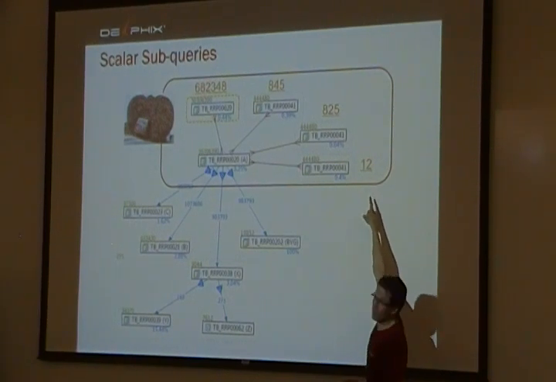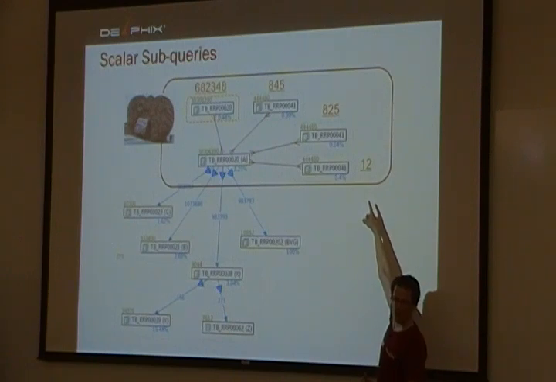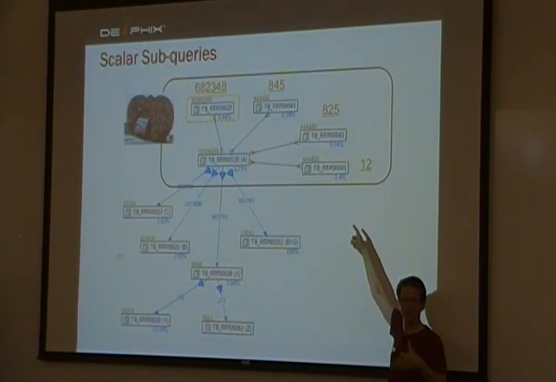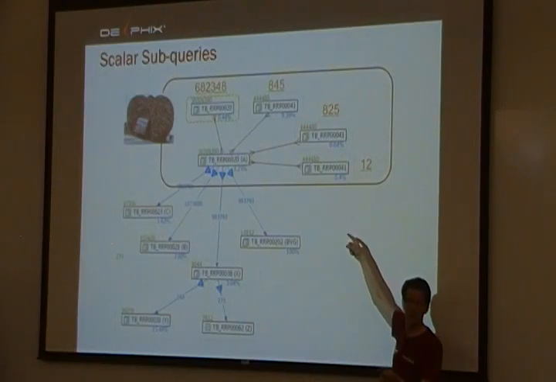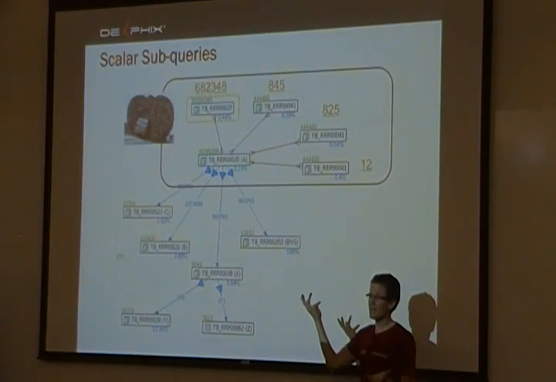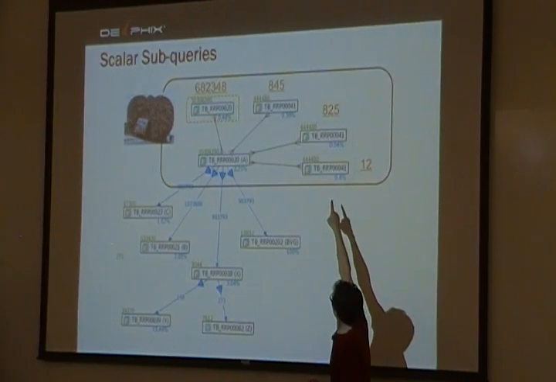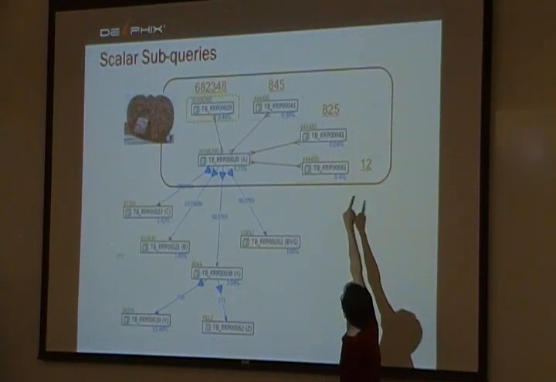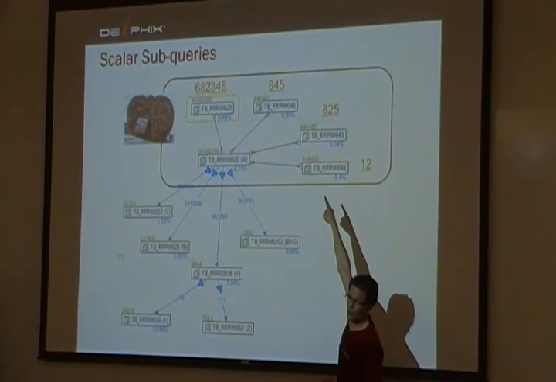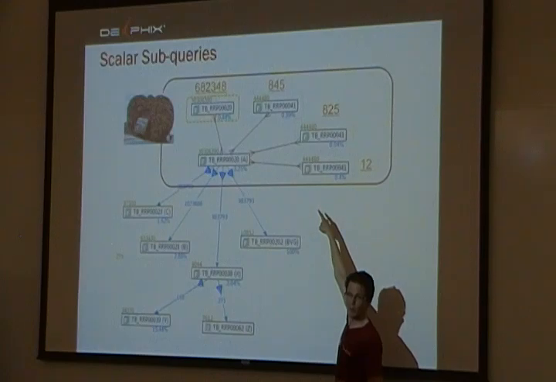In this one, there are 12 different unique values that get put into it. Oracle can cache those 12 values. So once it's run that query for one of the values, if it sees that same value, it doesn't run the query again, it just returns the cached value. Oracle can cache about 1,000 values. It sort of depends on the data type and the size of that data. So basically, for these 3 tables, the 12 values, 825 and 845, it caches those. So it doesn't rerun them. Once it's run them once, that's it for that value.